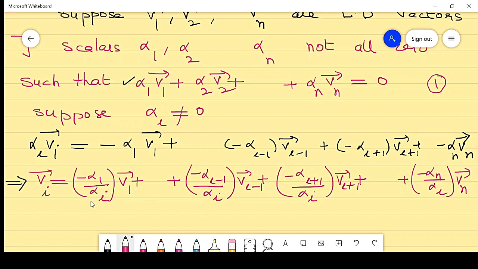Now these are again scalars. This is a scalar, this is a scalar, and this is a scalar.